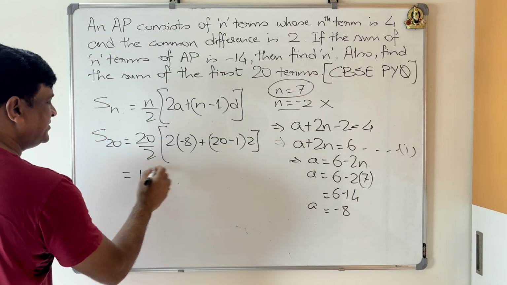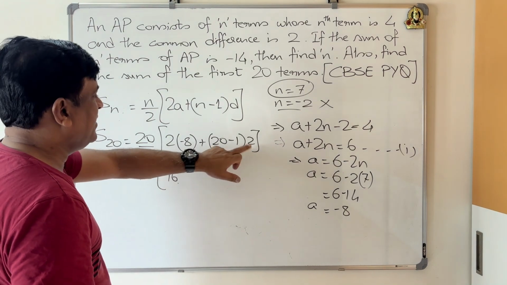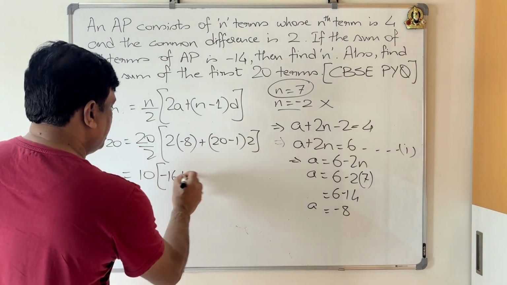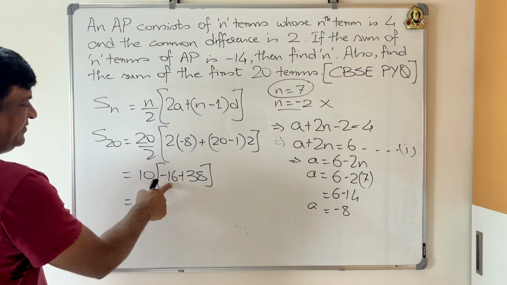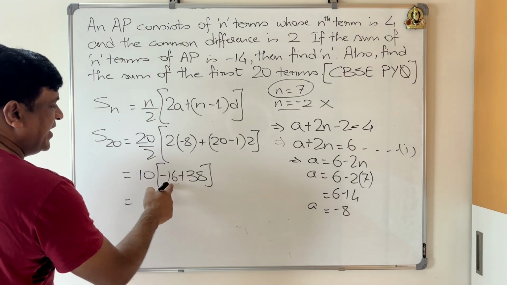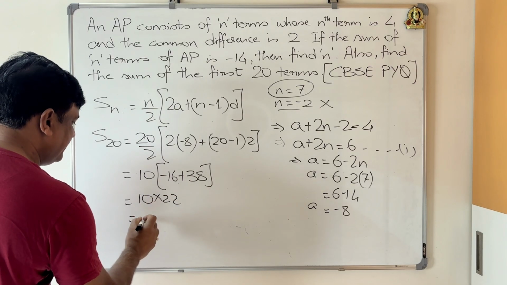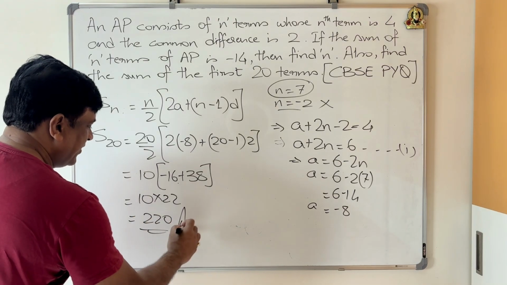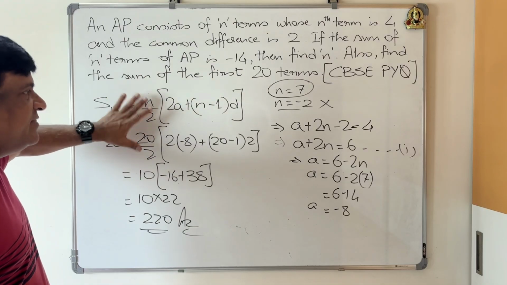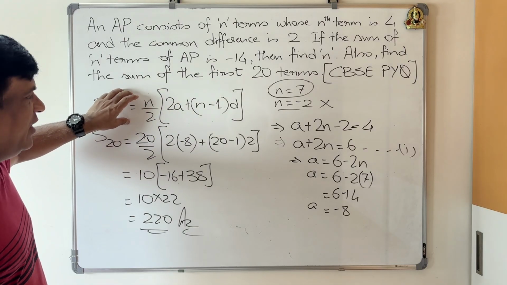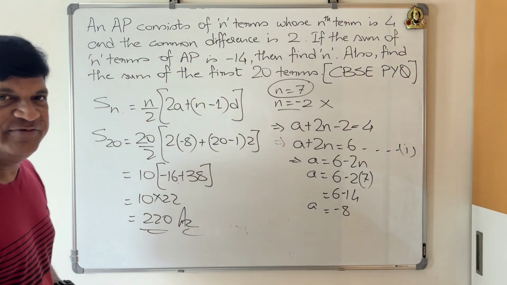Open up: this becomes 10 times minus 16 plus 19 times 2, which is 38. 38 minus 16 is 22. So 10 times 22 is 220. That's your answer. So this is how you're going to do it. The main thing is that you need to use those two formulas. In all problems of AP, you're going to use those two formulas and do the problems like this.